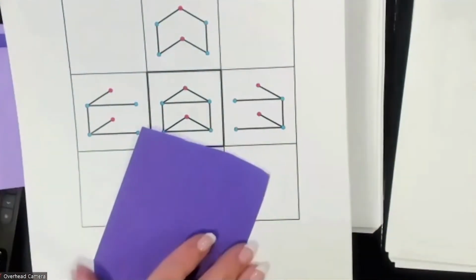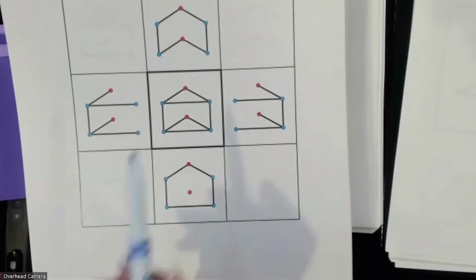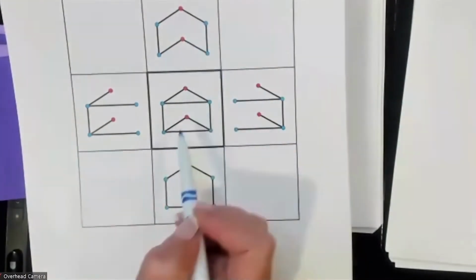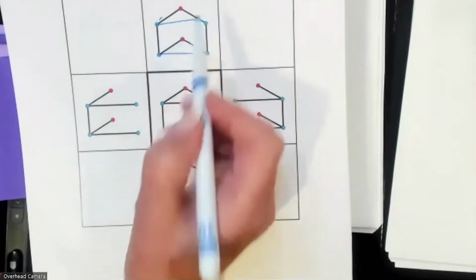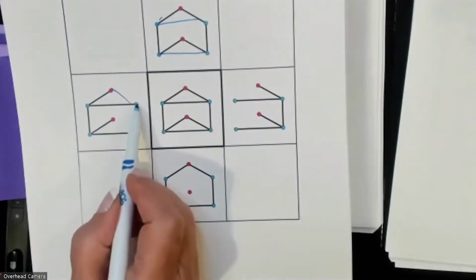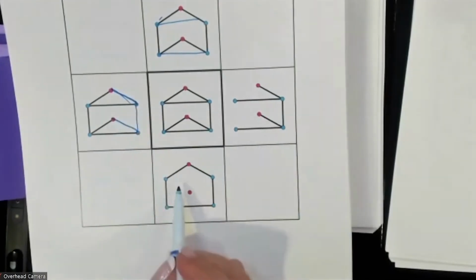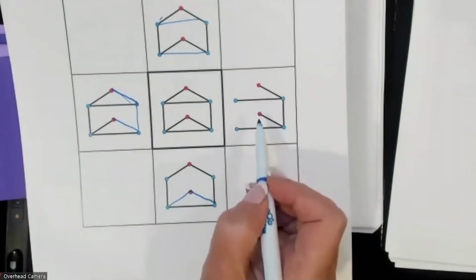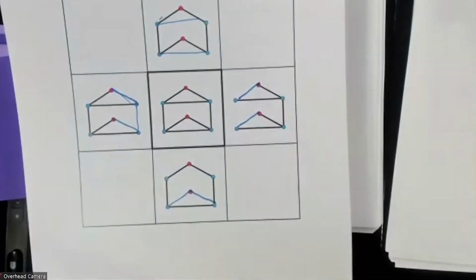And so we look at this shape and then I say, okay, now I want you to complete each one of these so that they look like the middle. They might be able to complete each one, or they might not, and they may miss lines.